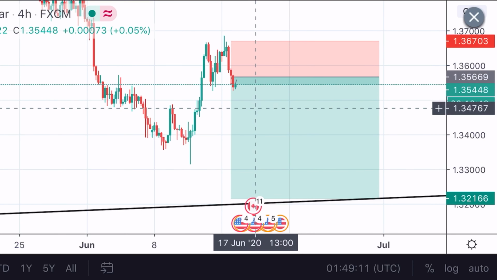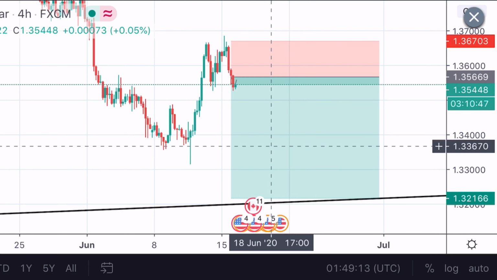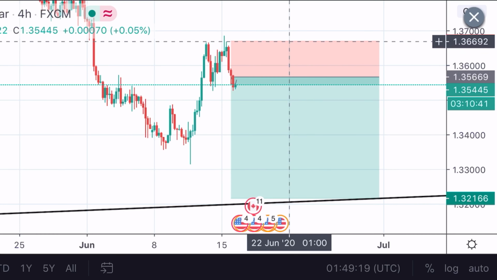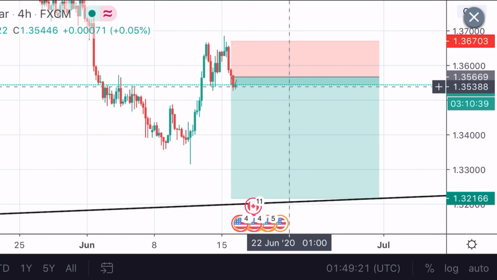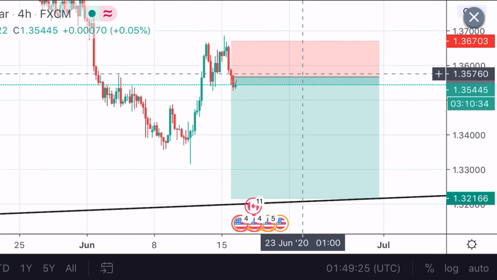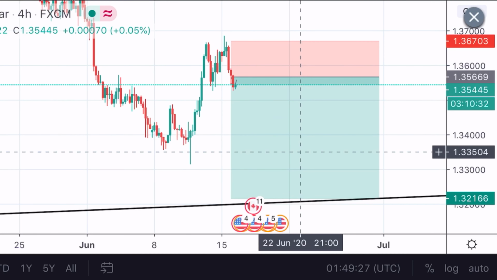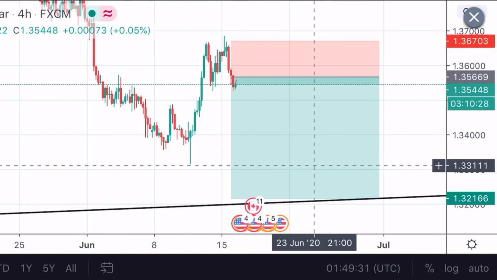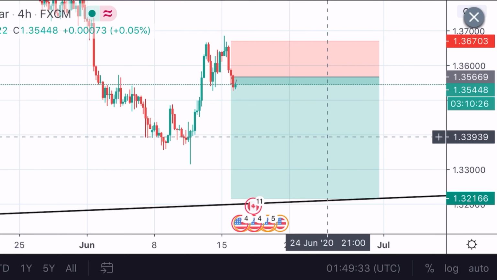So the lower the price moves, you might need a trailing stop, which you can only do on a PC. But even if you don't have a trailing stop, you can manually adjust the SL and move it lower. Once the price triggers the second trade, you move the SL to the first entry. Once it triggers the third entry, you move the SL to the second entry, and so forth until they all hit TP, right? This is how the professionals make so much money from one trade.